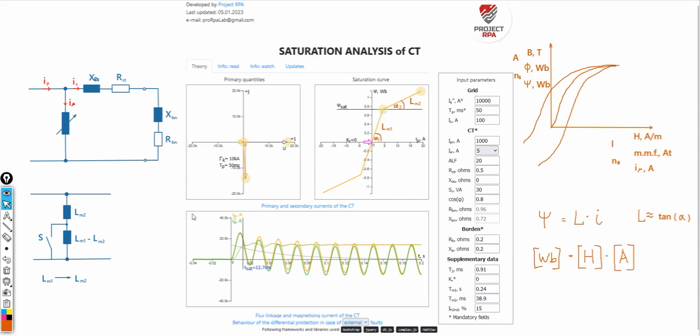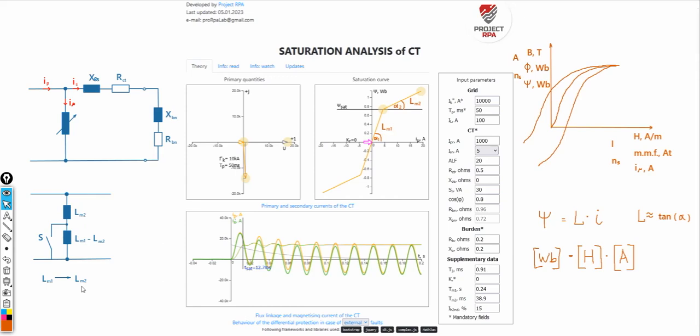It means that if the operational point is in this section, the switch is open and the total inductance of the magnetizing branch is equal to Lm1 minus Lm2 plus Lm2, that is Lm1. If the knee point of the magnetization curve is exceeded here, the switch closes, this branch is short-circuited, and only the inductance Lm2 remains. This procedure allows us to jump from Lm1 to Lm2.